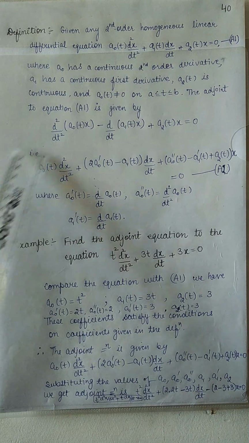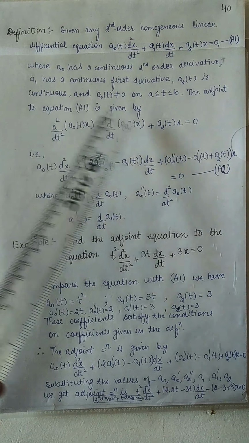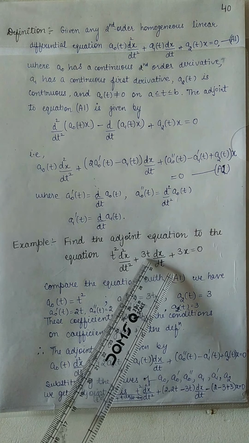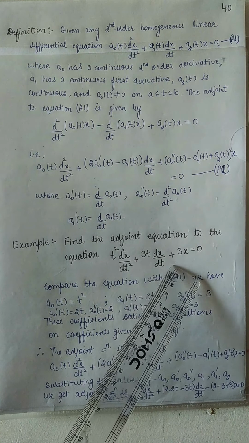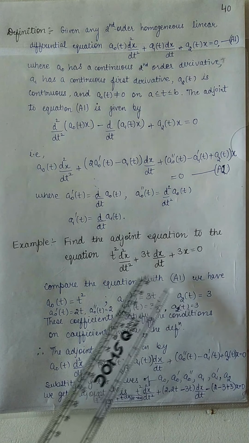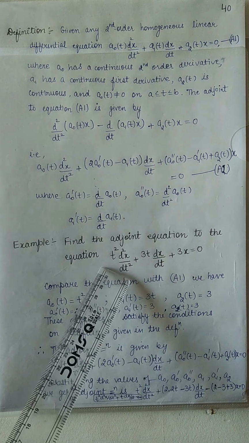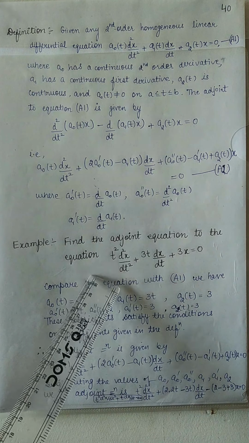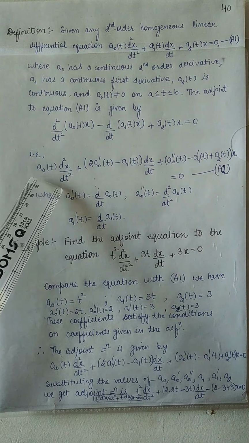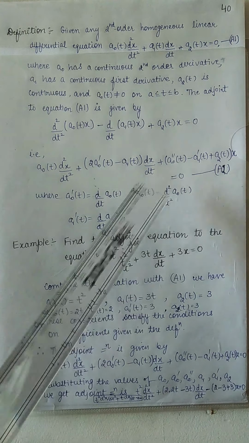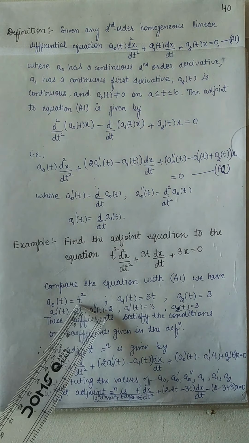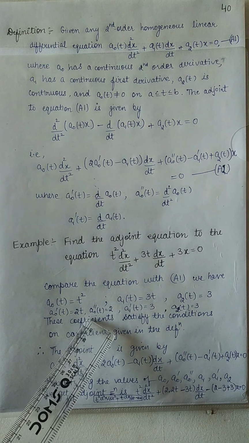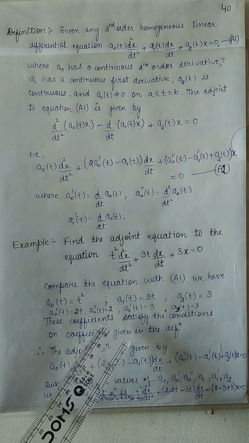And now if we want to write the adjoint of the equation t square d square x by dt square plus 3t dx by dt plus 3x is equal to 0, then we will use A2. In A2, substitute the values of a0, a0', a0'', a1, a1', a2.